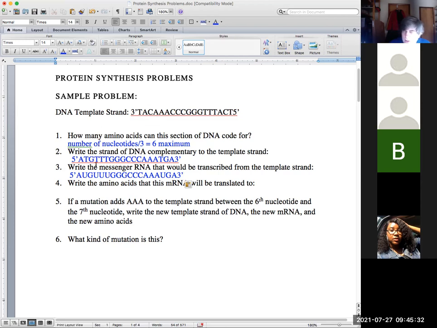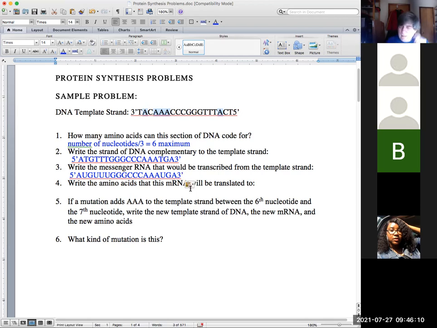So if we look at number 2 and number 3, notice that the only difference between them is that in number 2, wherever we see a T, in number 3, we see a U. Because wherever we see a T, that was something that was complementary to the A. And in RNA, it's U that's complementary to A. So if we look at the DNA that's complementary to our template strand, and the messenger RNA that we get from it, they're almost identical. We've got U's in the messenger RNA, we had T's.